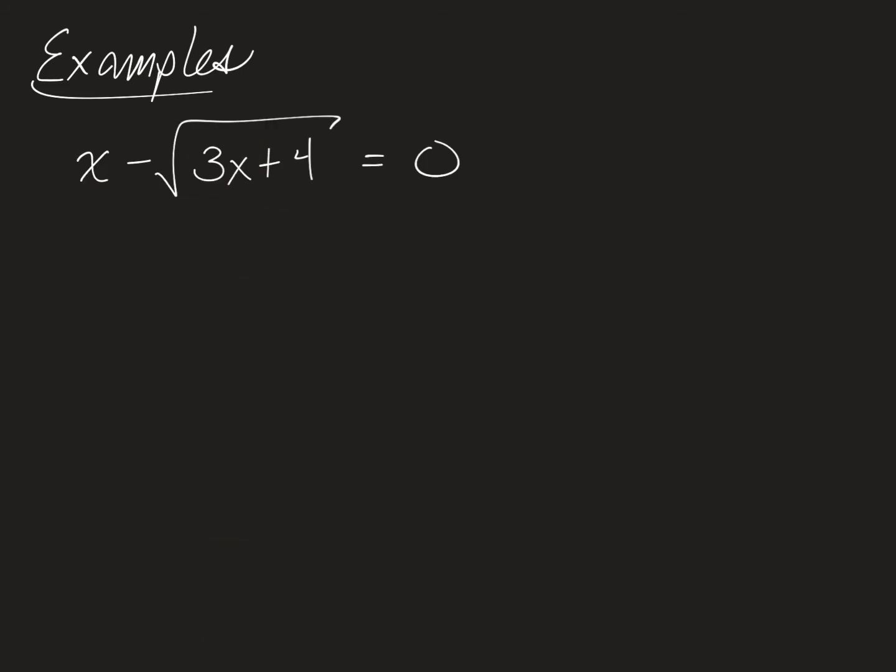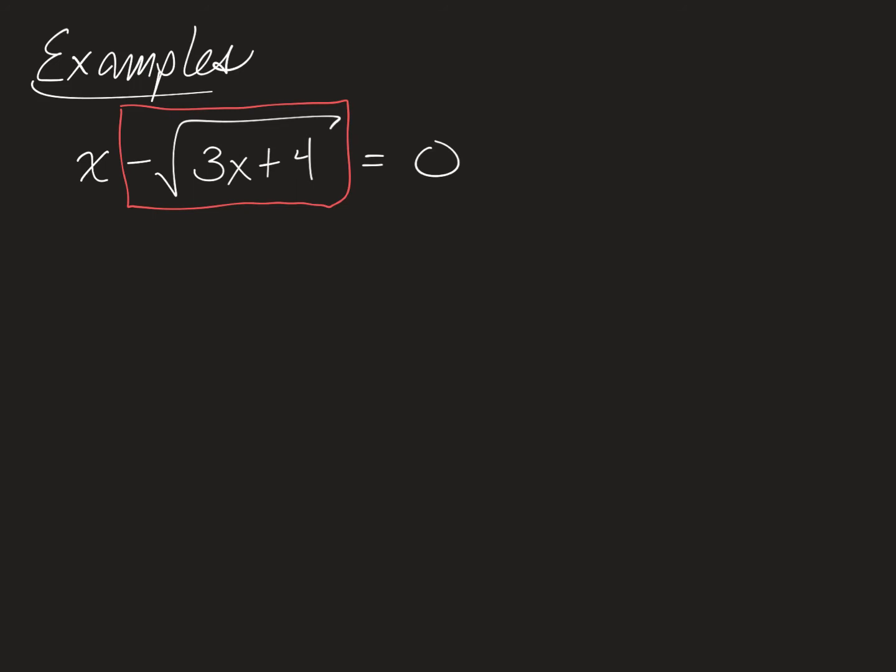Next example, we have x minus the square root of 3x plus 4. All right, same idea. We have to isolate a radical. The radical that we're trying to isolate is right here. But you'll notice it has a negative coefficient.